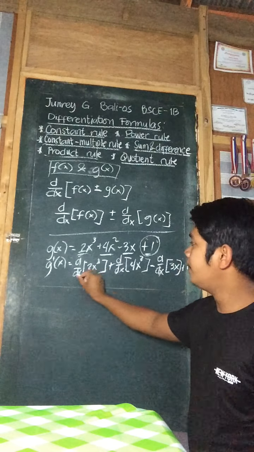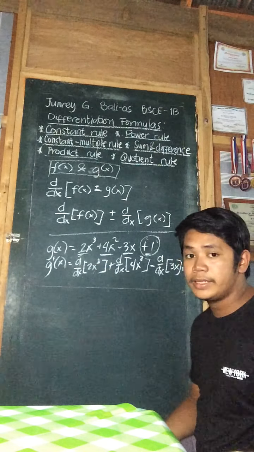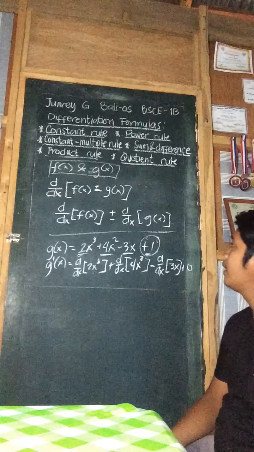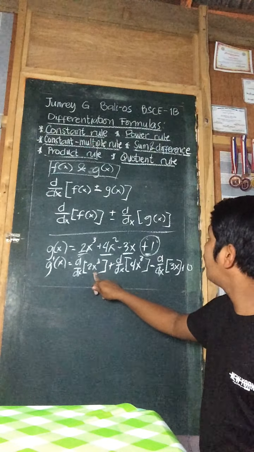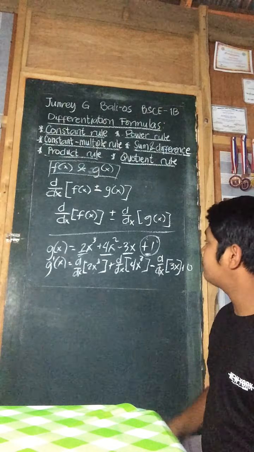So, here, the first function, 2x raised to 3, or 2x cubed, is what we call the constant multiple rule.